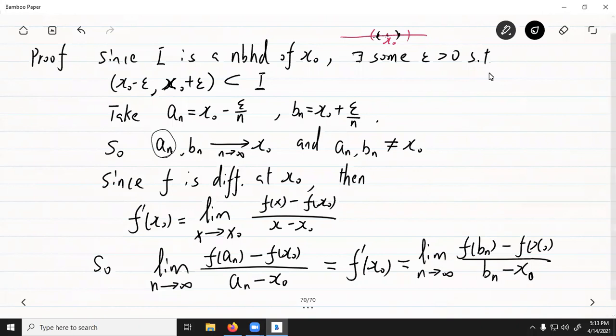Okay, so both get the same number, because this limit equals this one. It's differentiable. So now we want to show this one is equal to 0.